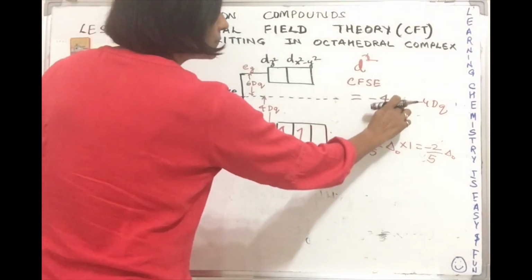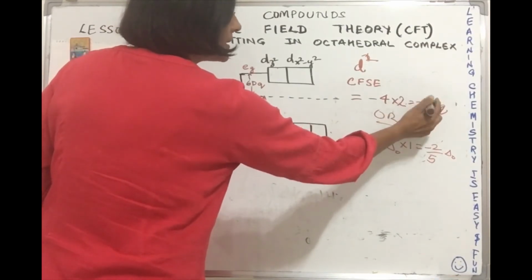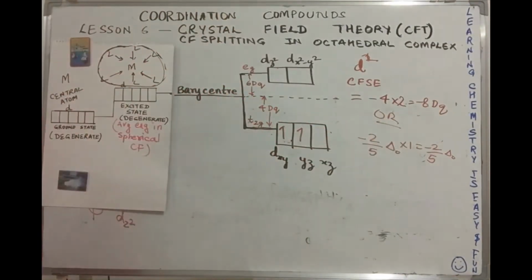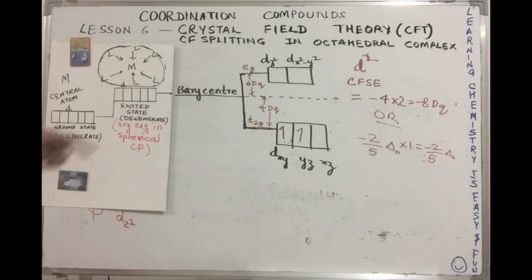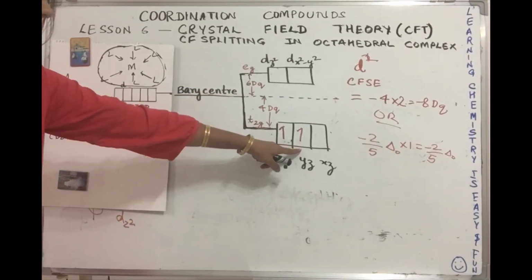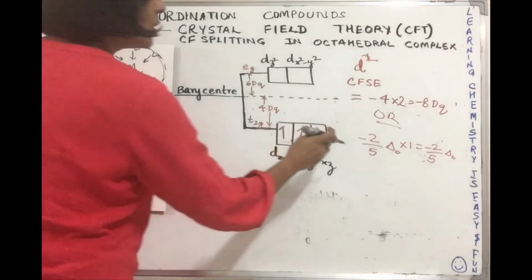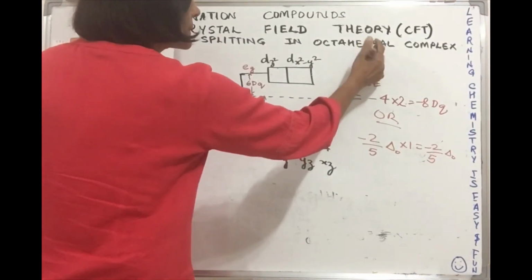So what we'll have over here is minus 4 into 2 gives us minus 8 Dq. That means when an electron from the ligand enters into this, the energy gets lowered further to minus 8 Dq, right?